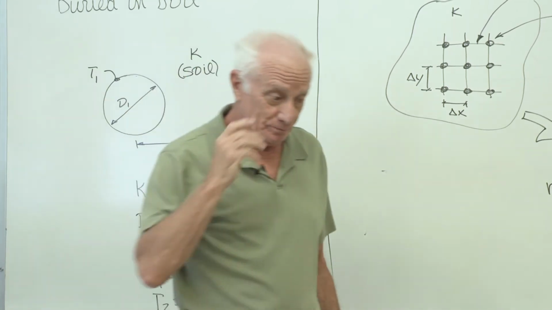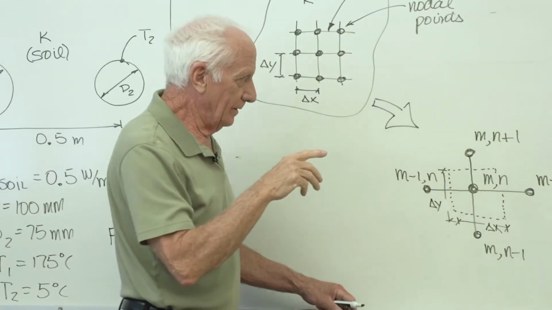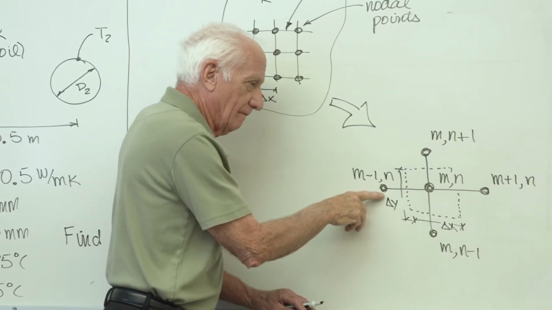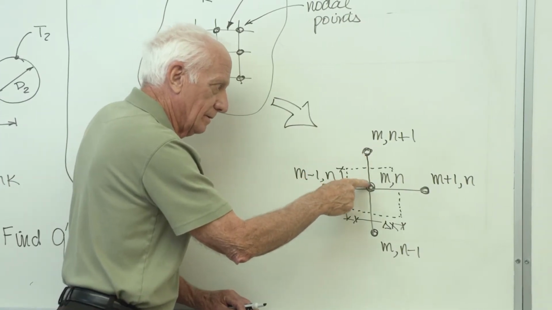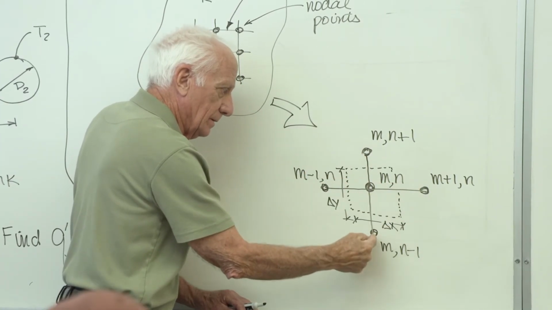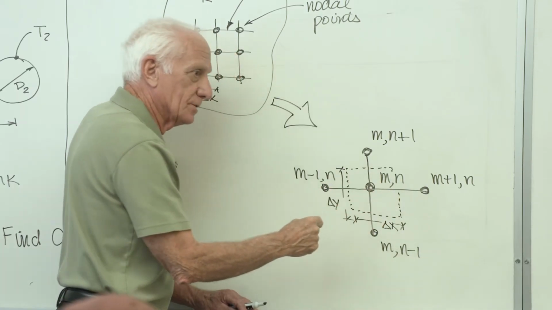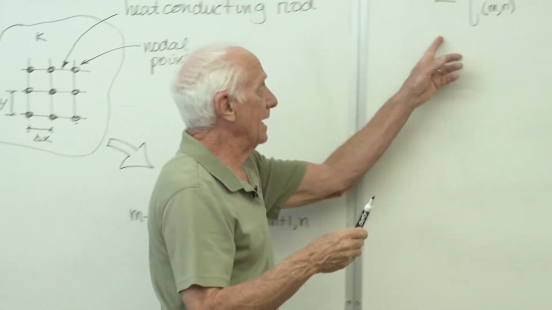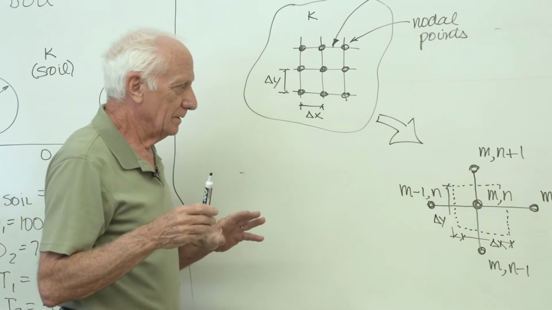And you say, yeah, but if I have 5 watts come in here, 5 watts here, 10 watts come in here, 10 watts come in here, that's 5 plus 5 plus 10 plus 10. That's 30 watts, and 30's not equal to 0. No, don't worry about it.